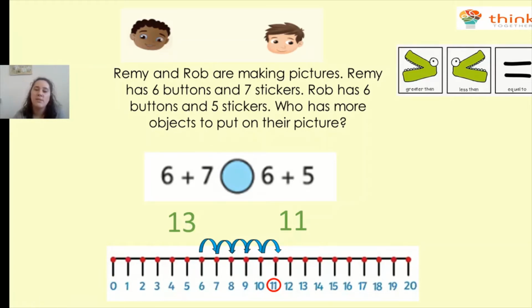So I need to put in my greater than symbol, remembering, a bit like a crocodile, that the bigger side is getting eaten by the symbol. So let's put in my greater than symbol. There it is. 6 plus 7 is greater than 6 plus 5. Therefore, Remy had more objects to put on his picture. Right, let's look at our next question.